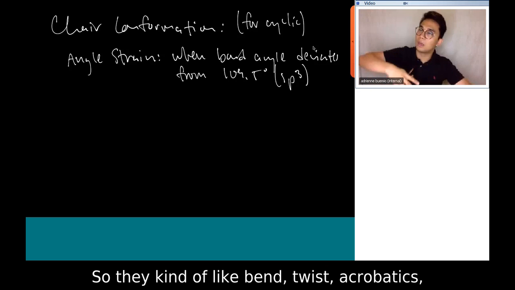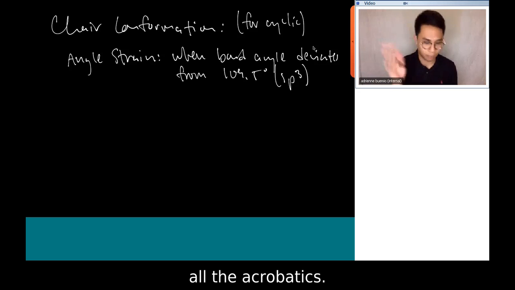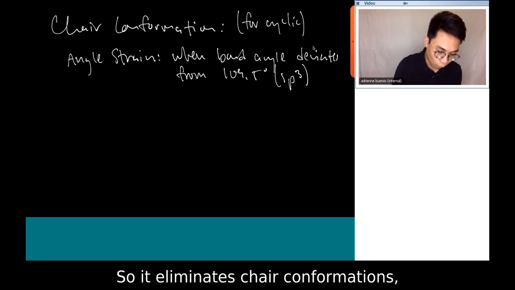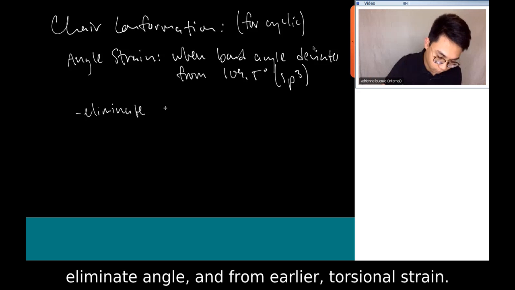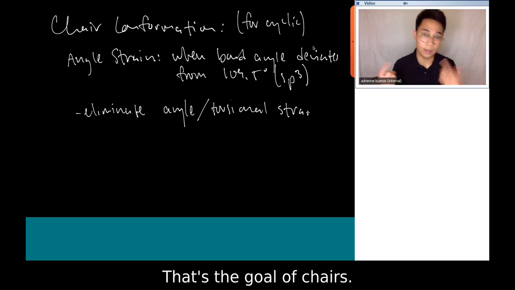So they kind of bend, twist, all the acrobatics, right? So chair conformations eliminate angle strain, and from earlier, torsional strain. So that's the goal of chairs.